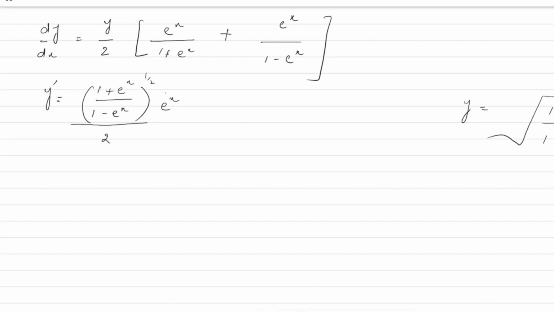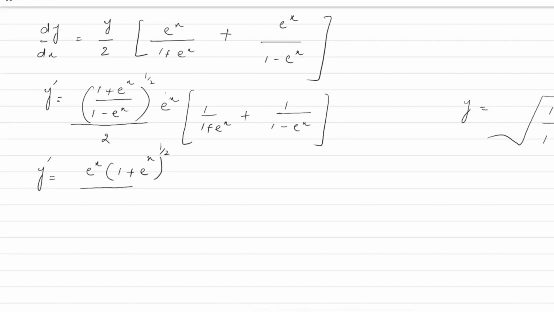E raised to the power x is taken common. So we are having 1 upon 1 plus e of x plus 1 upon 1 minus e of x. We can write it down as e raised to the power x, 1 plus e raised to the power x, 1 upon 2, we can separate these two powers of numerator and denominator. Here we are going to take LCM.